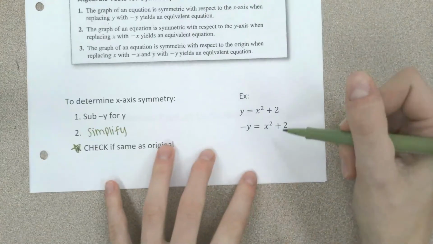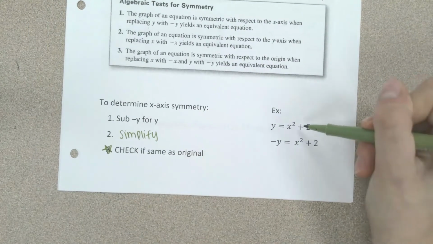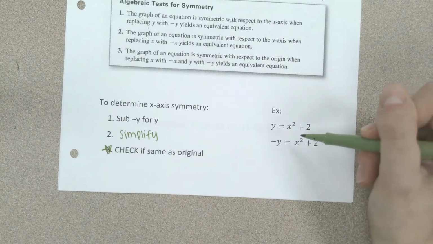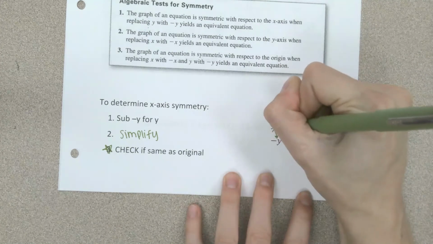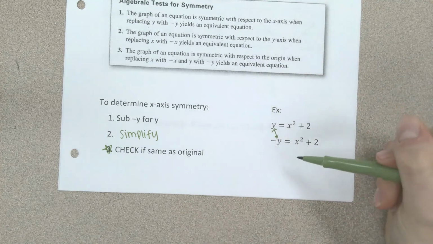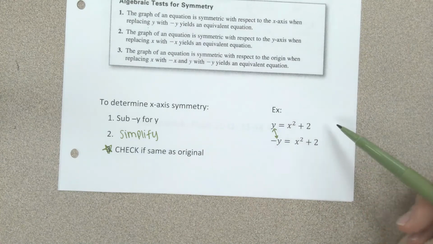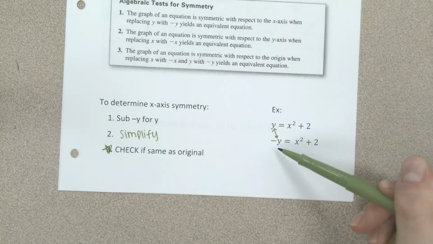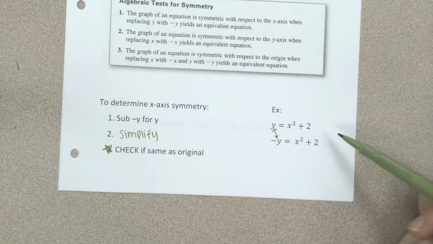Okay, so here's an example. We started with y equals x squared plus 2. We switched negative y for y, so we made y negative. Simplifying it, there's nothing to simplify here, right? Negative y equals x squared plus 2 is simplified.